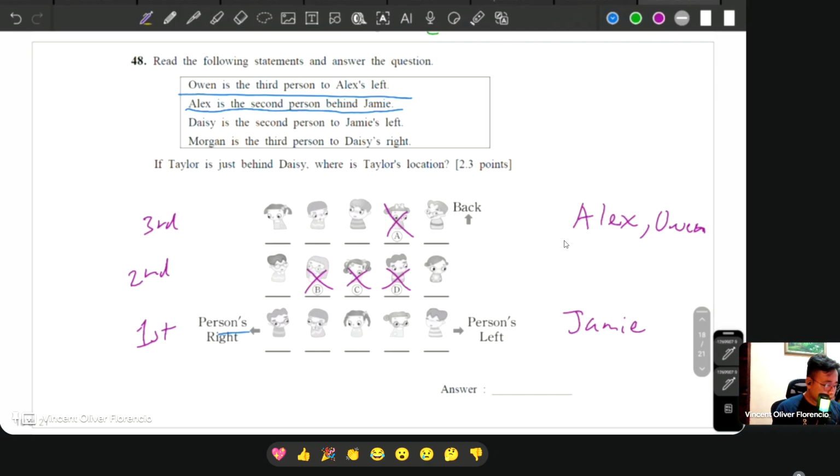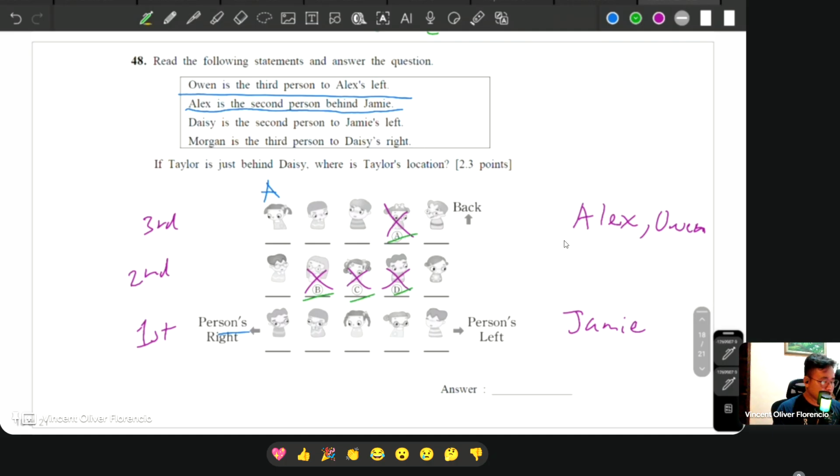Let's analyze. Let's disregard the images and genders. If this is Alex, this is your left, and third to your left is Owen. 1, 2, 3. Can that be Owen? No.